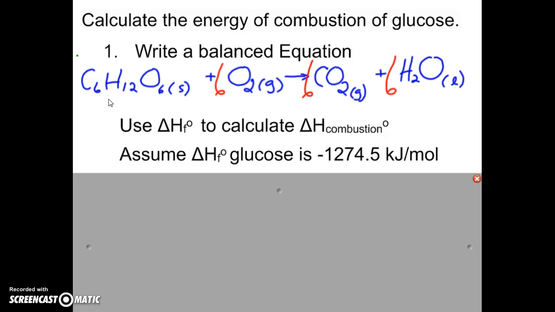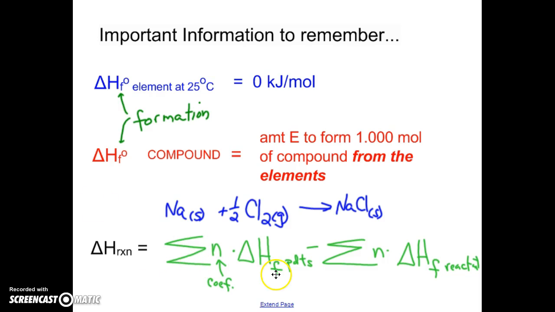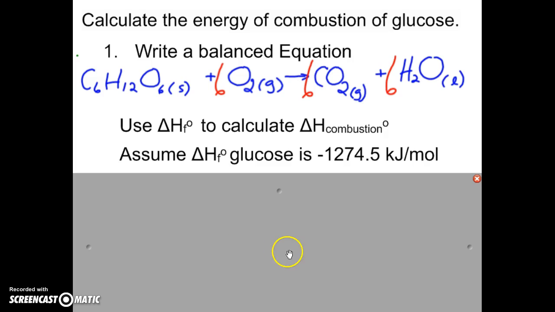So if you're using the equation that was given in the previous slide, the sum of the enthalpy of formation of the products minus the sum of the enthalpies of formation of reactants, each multiplied by their coefficients, try to set it up using your appendices and calculate the delta H for this reaction. That would be called the heat of combustion, wouldn't it? Pause the podcast while you figure that out.